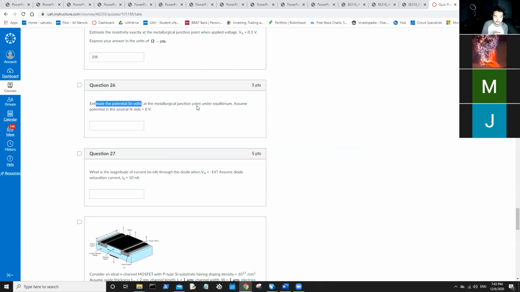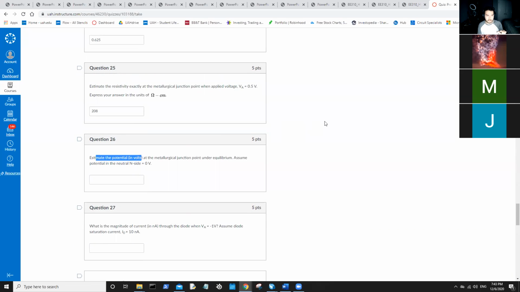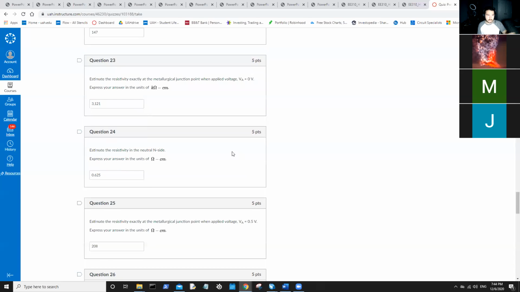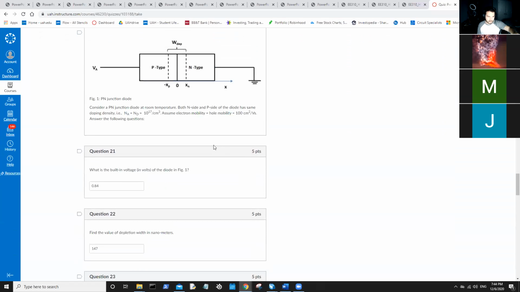In this case, it's referring to the N side, so it's the depletion width portion in the N side. Now, something that we know about this question that simplifies it a little bit more, because we've calculated a couple things already. We've already calculated the total depletion width, and we've already calculated the built-in voltage, which is intrinsic to this question. You'll see in a second.